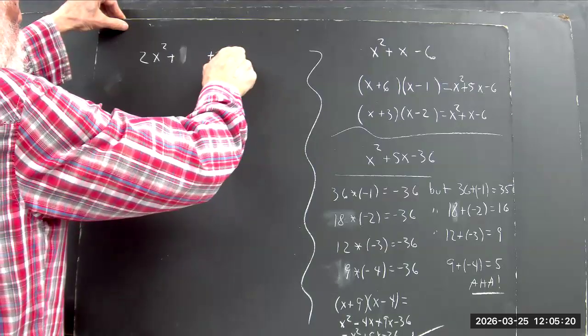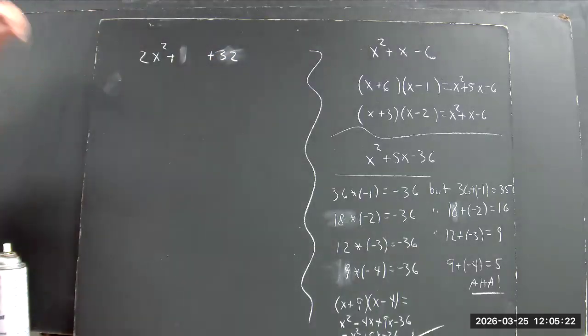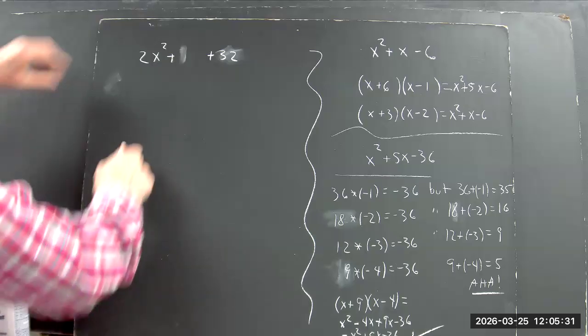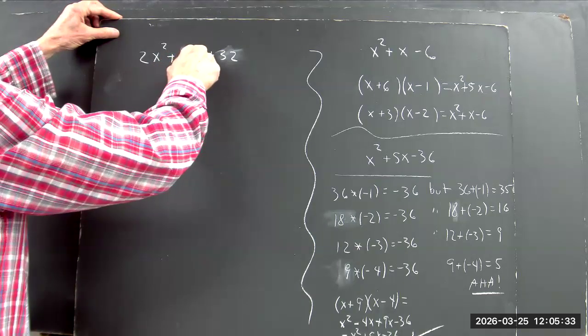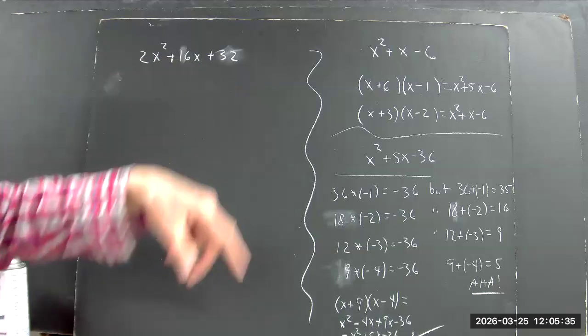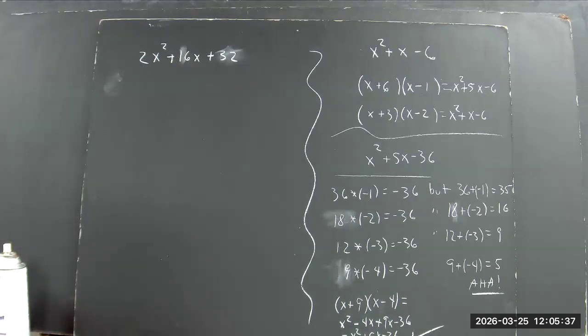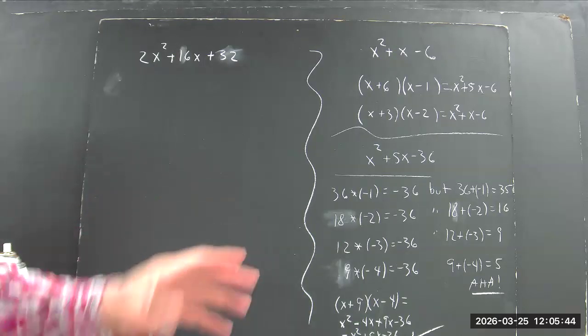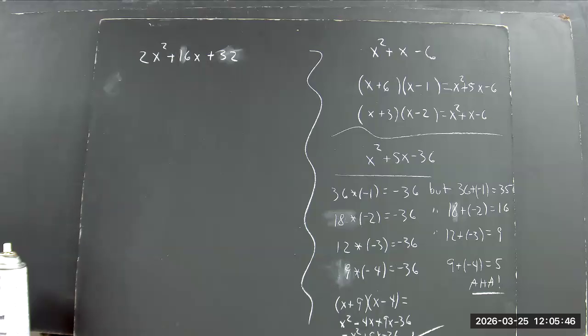We'll go with 32. Okay. Now I know what I want to get, and I think it's going to be 16x. I don't guarantee this is going to work because I just made that up in my head, but it should work.